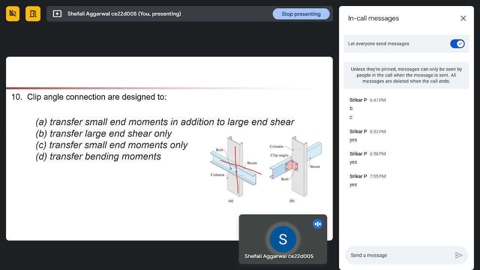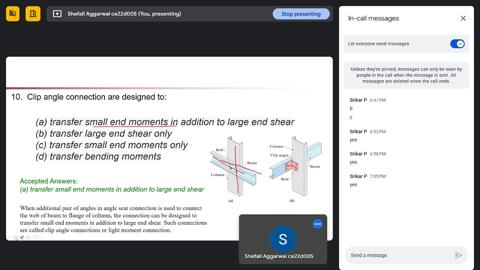In addition to these bolts, we are providing one extra angle section at the back side, which will provide extra support to our section. So this type of clip section helps to transfer the small end moments in addition to large end shear. Okay. So this is the definition of clip angles. You can read it afterwards.